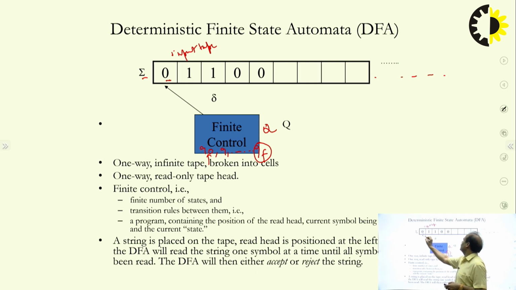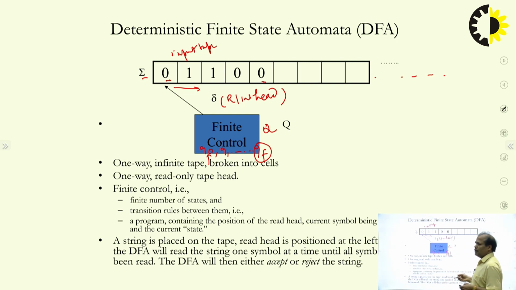This read write head is always moving one cell in the right direction, and it keeps moving until we finish the input.